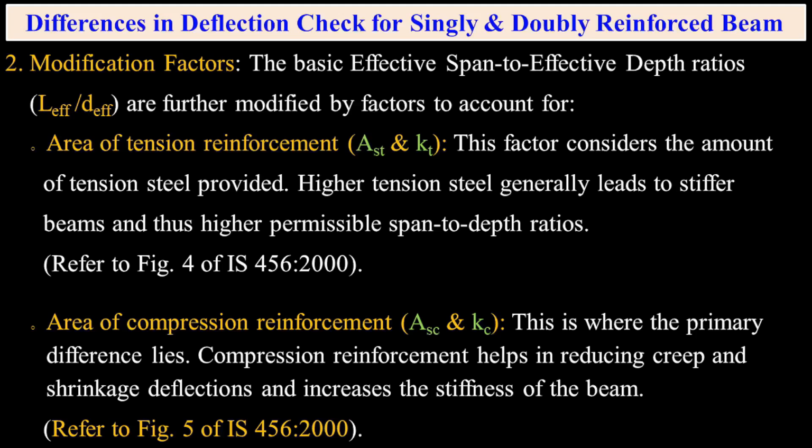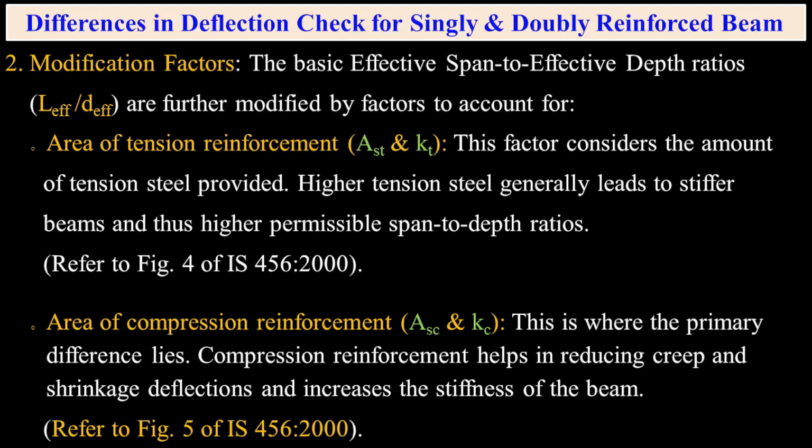The presence of compression reinforcement plays a significant role in reducing creep and shrinkage deflections, and it directly increases the overall stiffness of the beam. This allows for more slender sections without exceeding deflection limits. For the details on this, we will need to refer to Figure 5 of IS 456, 2000.